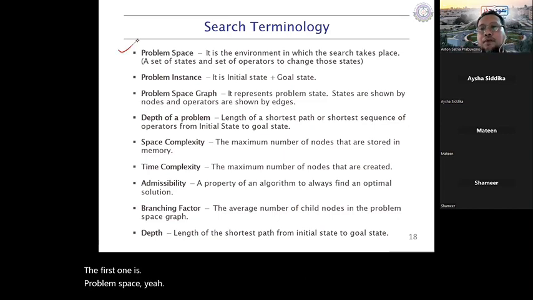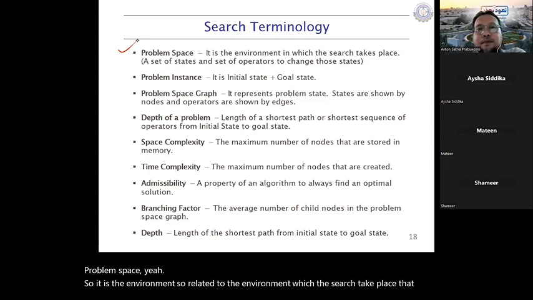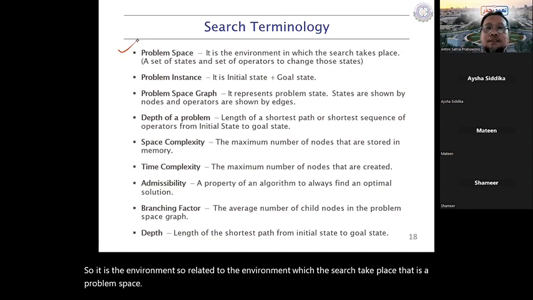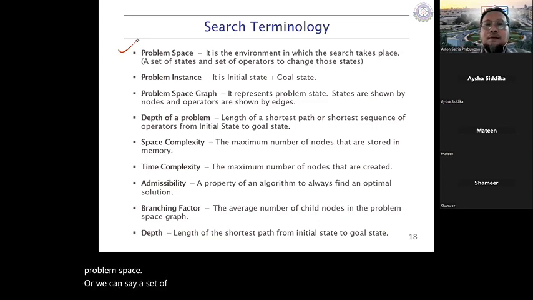It is the environment in which the search takes place, or we can say a set of states and a set of operators to change those states. Then the problem instance is the initial state plus the goal state.